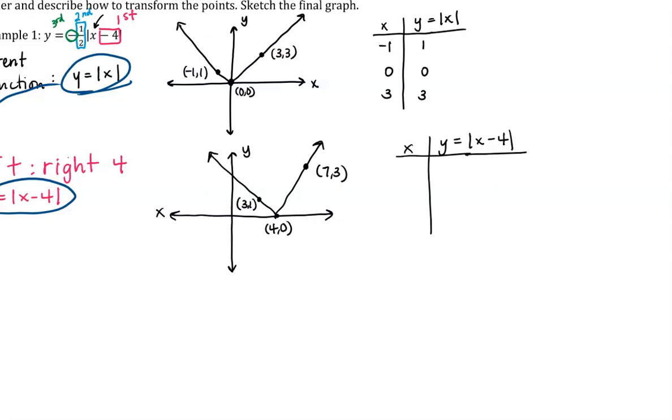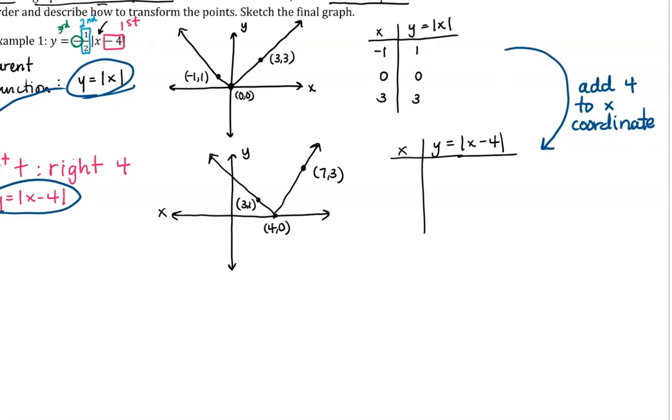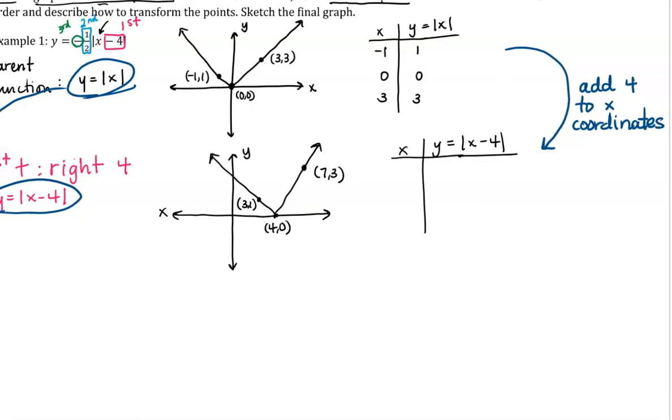So if we're doing this with only tables, I know that what I need to do to get from this table to that table is add 4 to x coordinates. So the y coordinates would not change, and they would still be 1, 0, and 3.